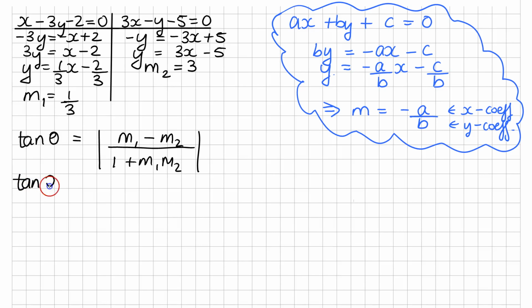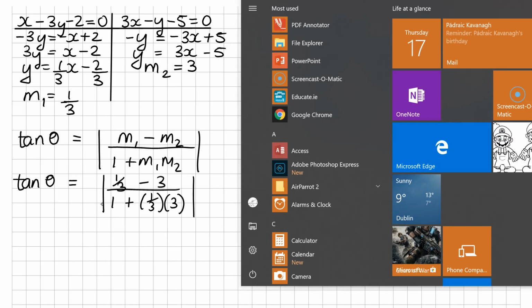Okay, so let's fill them into our formula then. So the tan of our angle is equal to 1/3 minus 3 over 1 plus 1/3 times 3. Okay, so we just get all that onto our calculator together.